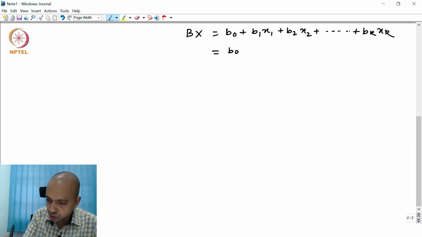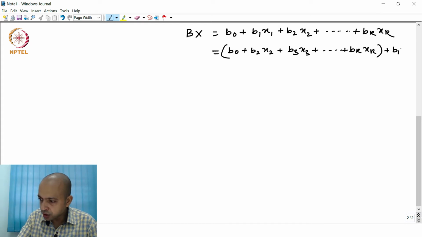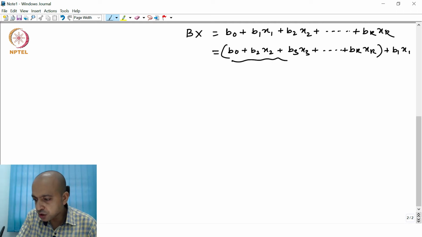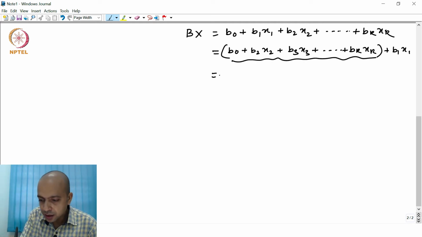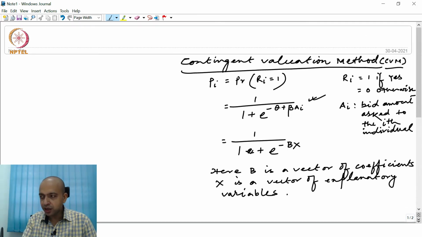So this would become beta 0 plus beta 2 x2 plus beta 3 x3 plus up to beta k xk in one category, and then plus beta 1 x1 in another. Now this summation, when I add this, in the paper or many other econometric literature, it is known as grand mean.